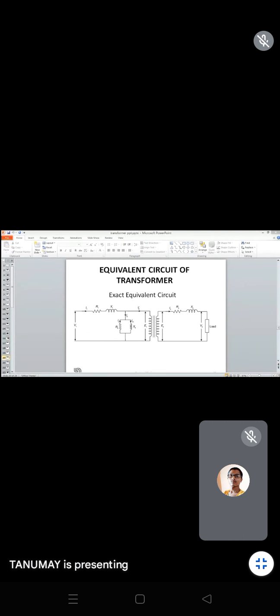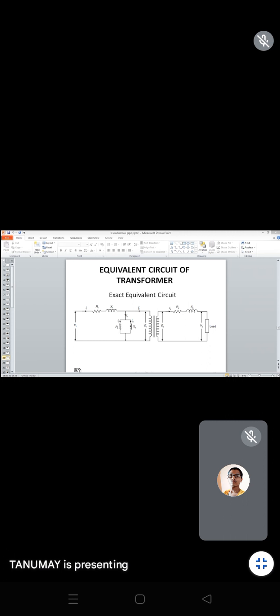Okay. So this portion is the primary winding. Over the primary winding there is some resistance of that particular winding or coil, and they have inductive reactance, that is X1.